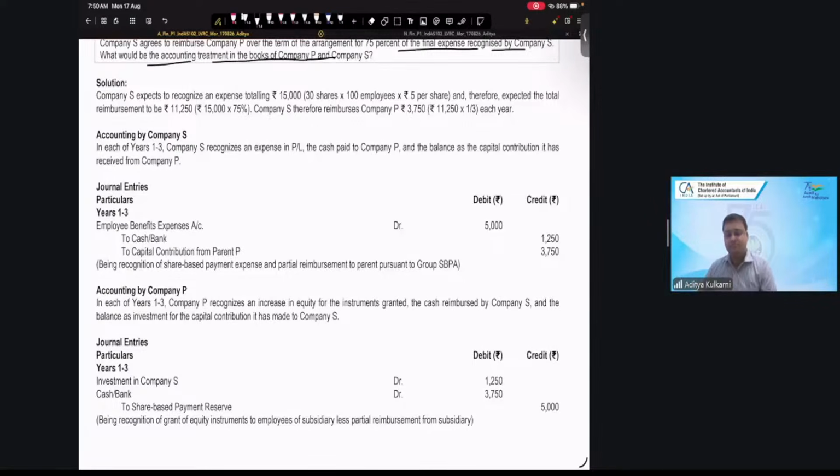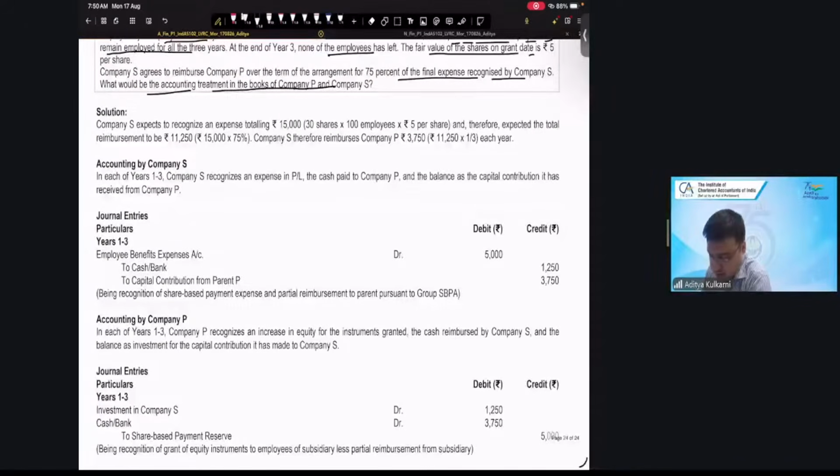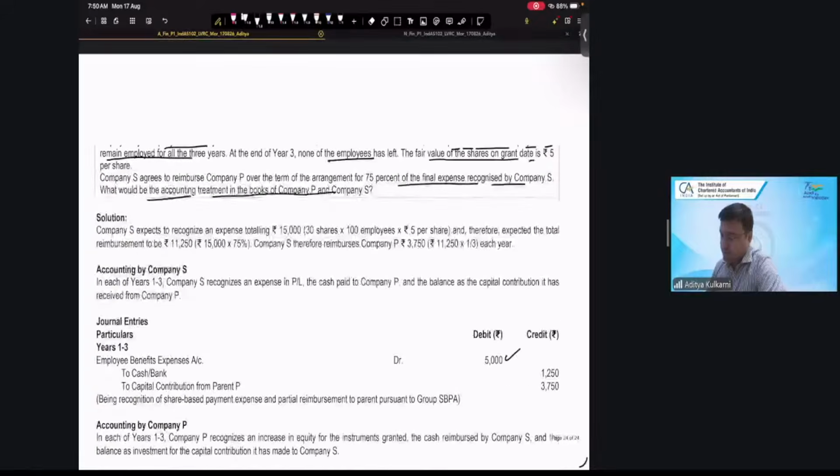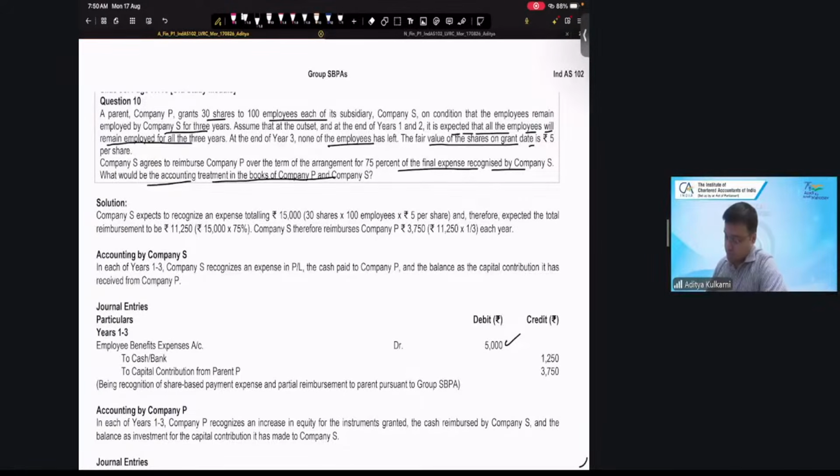All right. So in each of the years 1 to 3, the subsidiary will book the expense in the P&L, the cash paid to company P, and the balance as the capital contribution it has received from company P. So employee benefit expense account debit 5,000, to cash bank 1,250, to capital contribution 3,750.